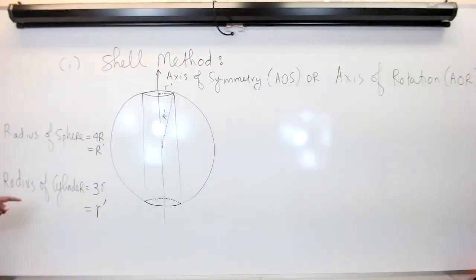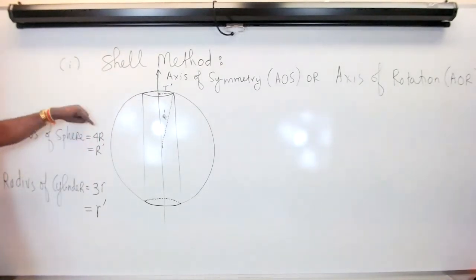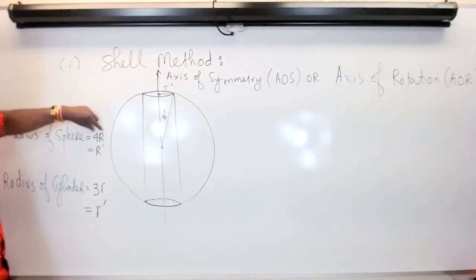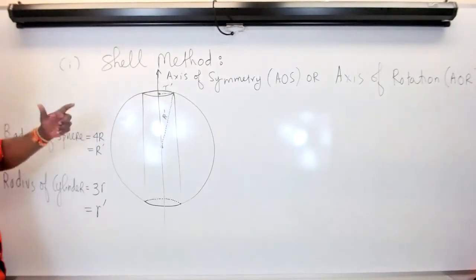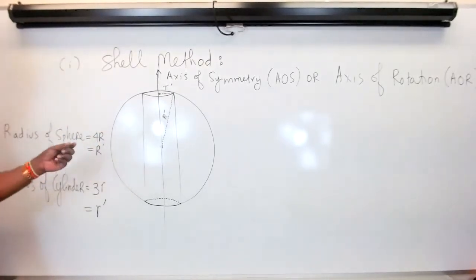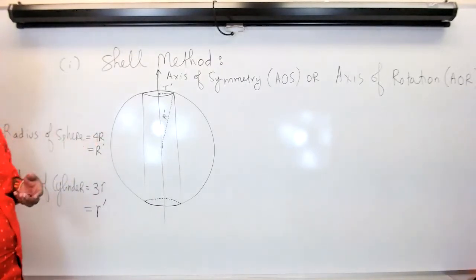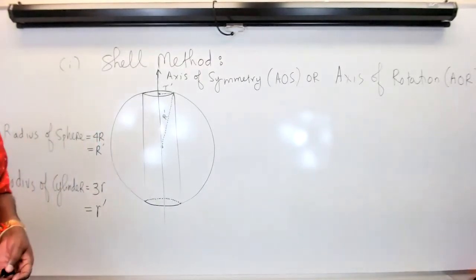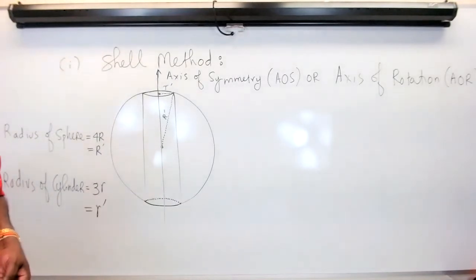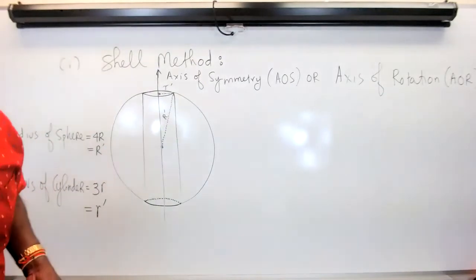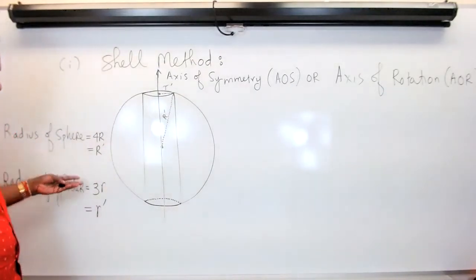Normally we denote the radius by R, but that's not how I'm doing it, because they have given the radius of the sphere as 4R. R is an algebraic value that can be replaced by the values given at the end of the day. Here, capital R has been given as 2 and simple R as 1.